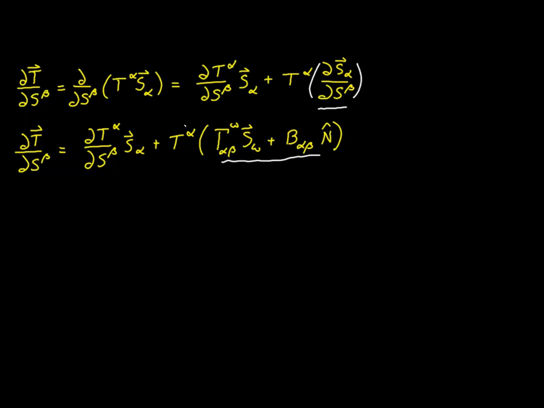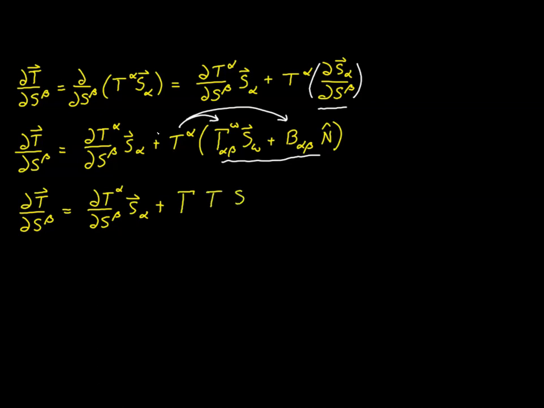Okay, so the next step then is to expand this out and to distribute this factor of T^alpha into these two terms right here. As I distribute T^alpha into this first expression, I want to reorder the terms. So I'm going to put gamma first, and then T next, and then our basis vector S last.